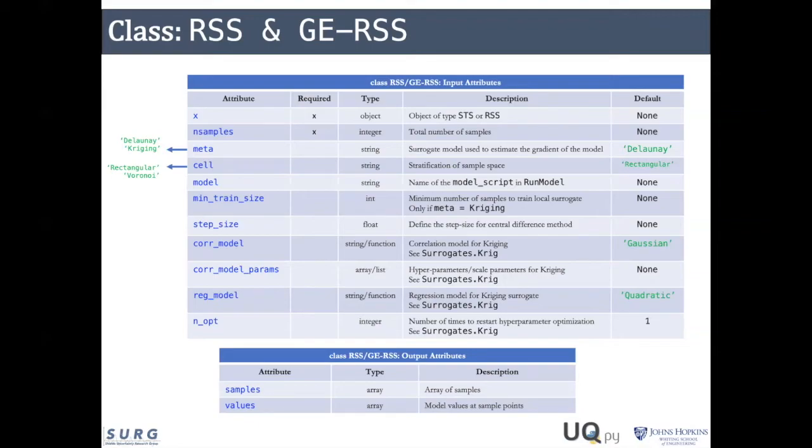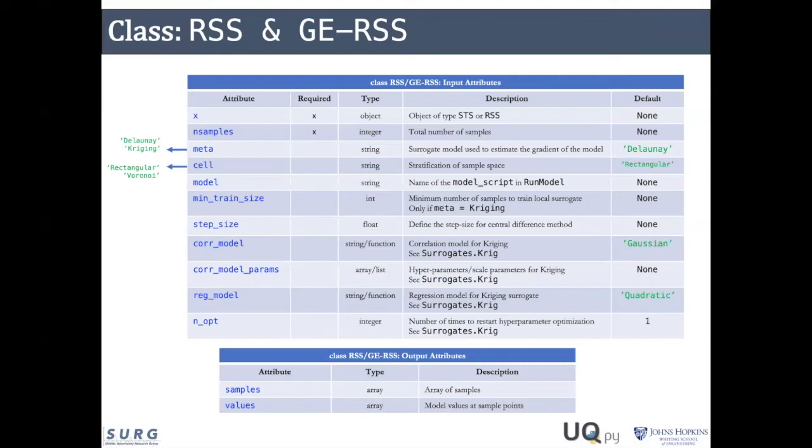Model is required if we are doing GE-RSS, and it calls the RunModel class to evaluate the model at the samples we have generated. As we see, it uses the RunModel class.